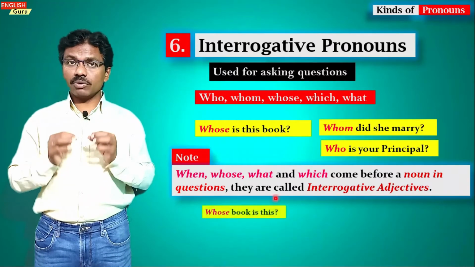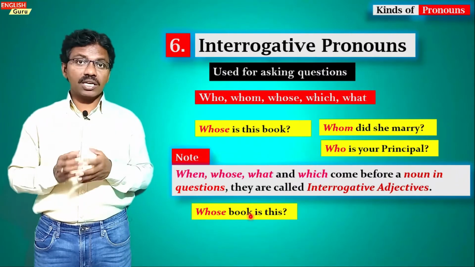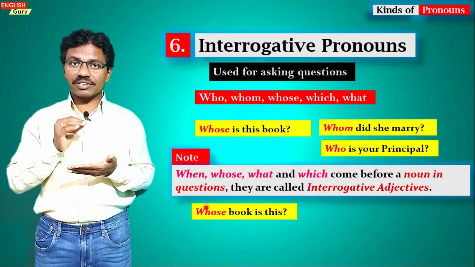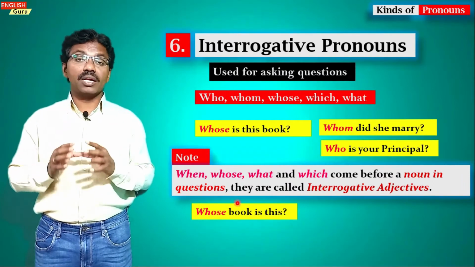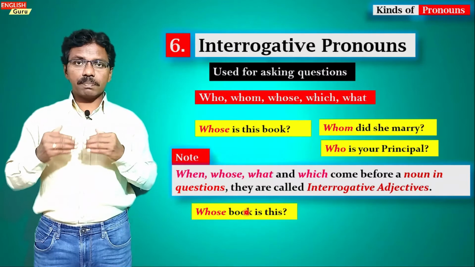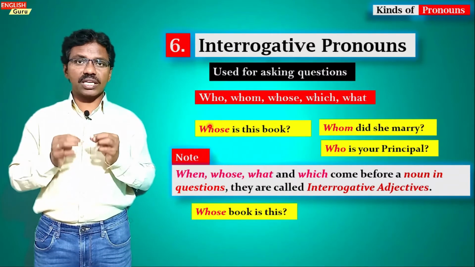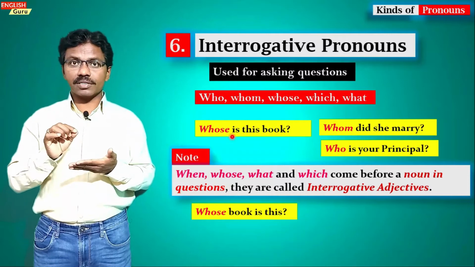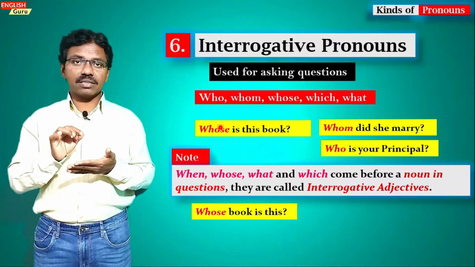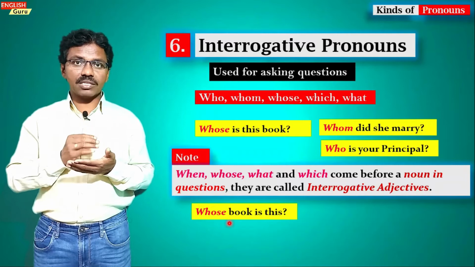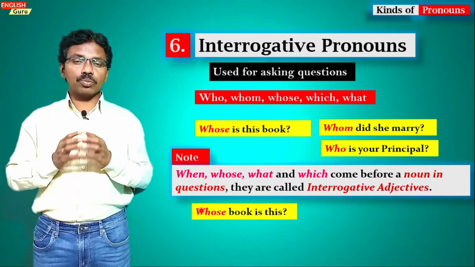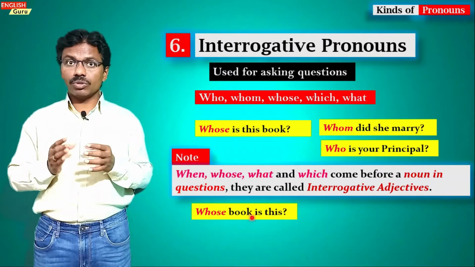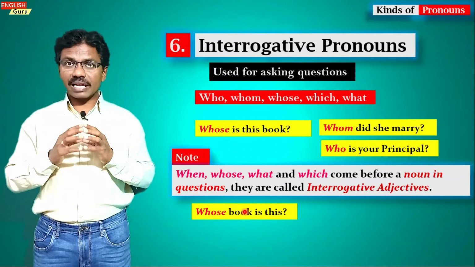For example, if you say, whose book is this, here whose is not an interrogative pronoun, it is an interrogative adjective because it is followed by the noun. Whereas in the previous sentence, whose is this book, here whose is followed by the verb is. So here it is an interrogative pronoun, whereas in the second sentence, whose book is this, here whose is followed by a noun, so it is an interrogative adjective.